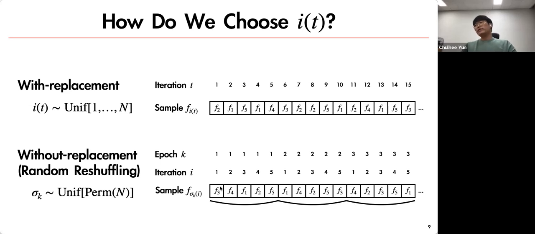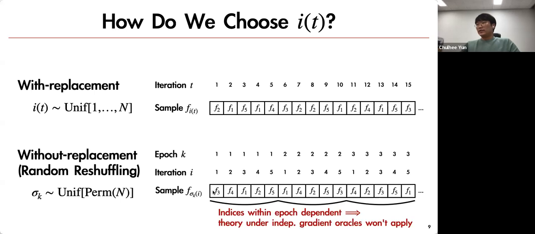Okay, so one key observation about this without replacement sampling approach is that the indices actually become dependent on each other. Suppose you have chosen F3 in the first iteration. Since we're using without replacement sampling, for the later iterations of the same epoch, we'll never get to choose F3, right?